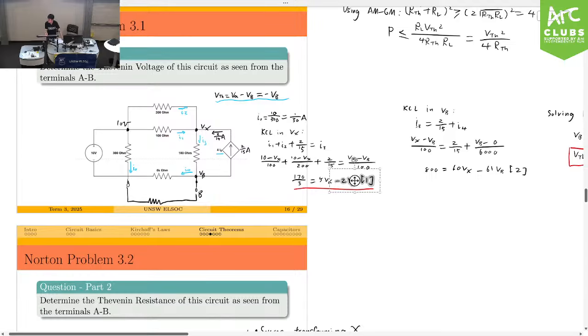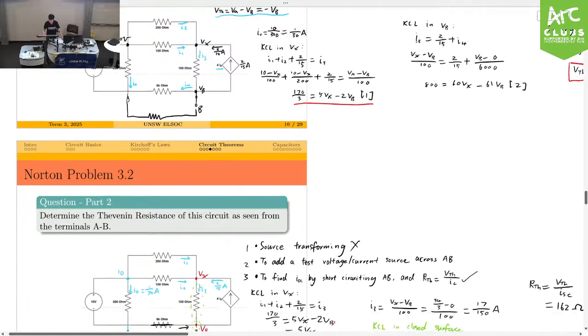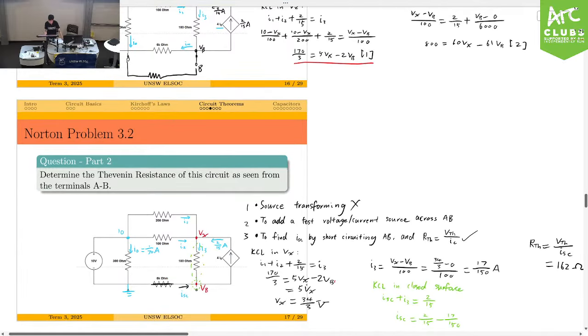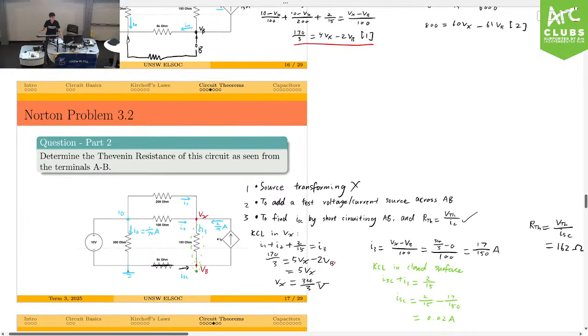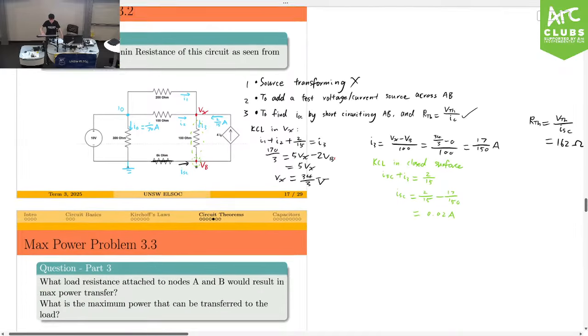So the result here actually applies here, because we didn't change anything regarding this node. Good question. Any other questions? Cool. Let's move on then.